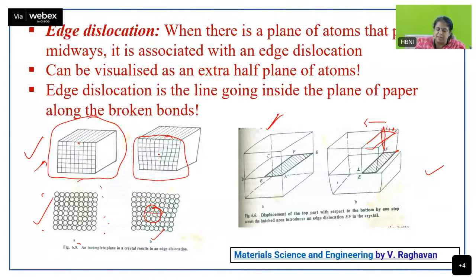Ultimately, the plane that is on this boundary will not have any counterpart in the lower half of this cube. This particular line EF is called your edge dislocation. And edge dislocations are represented by either this or this, depending on whether the plane starts from the top and parts midway or starts from the bottom and parts midway. I hope this is clear.